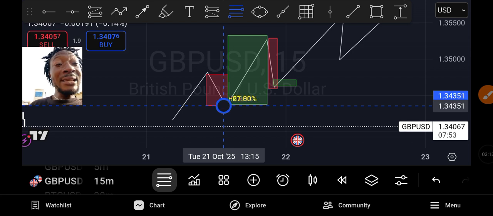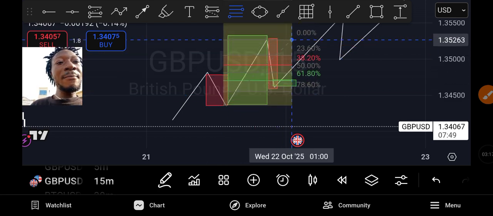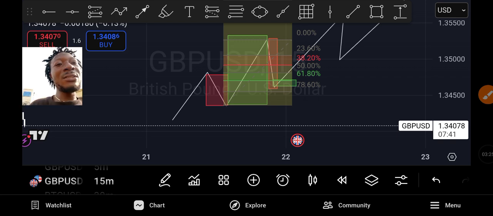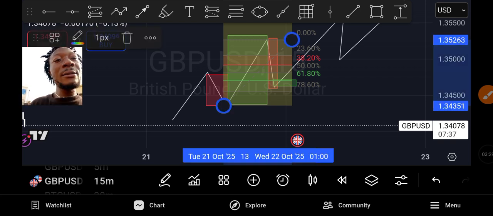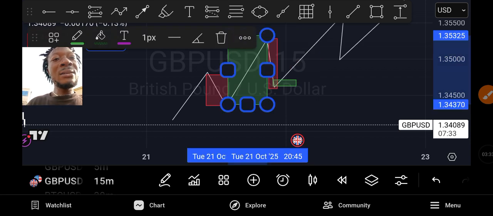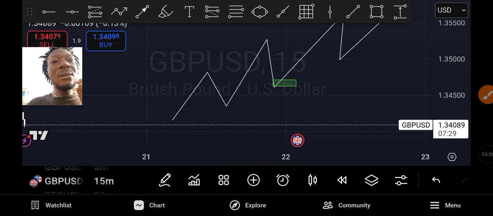You take it from the recent low to the most recent high. Anywhere around 61.8% and 78.6% is a golden zone where you look for perfect entries. That's where we have the box that I've drawn. Now that we have our key level, we take the Fibonacci off.